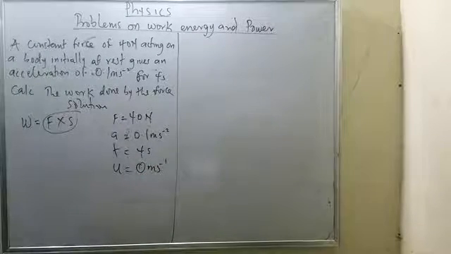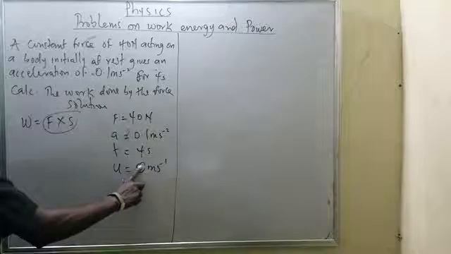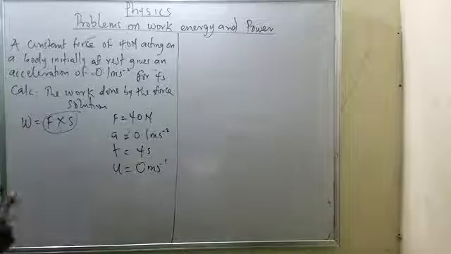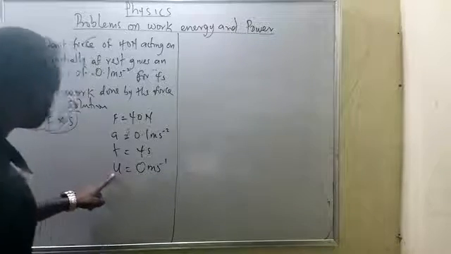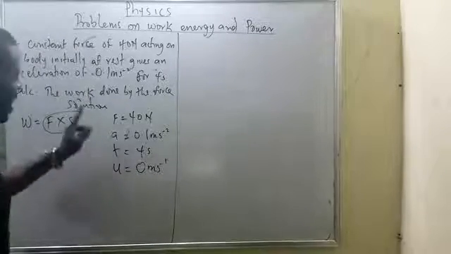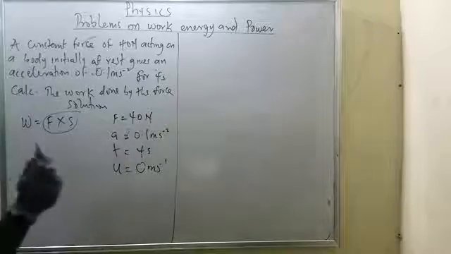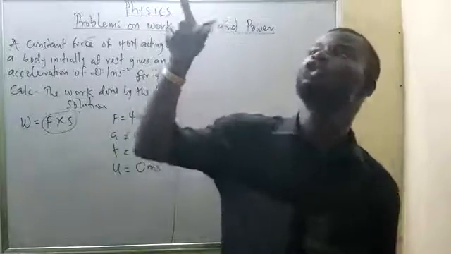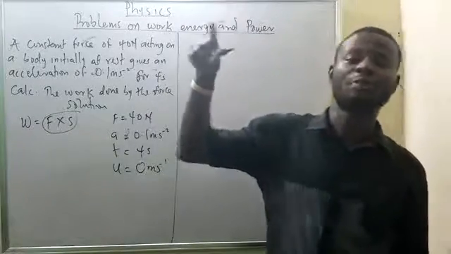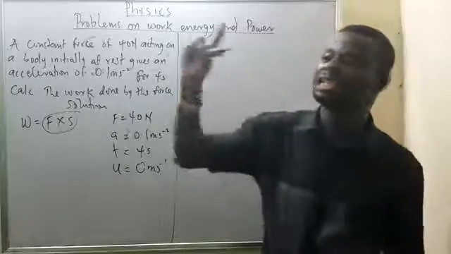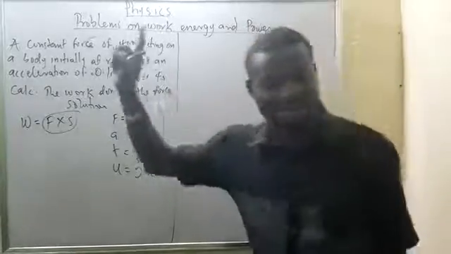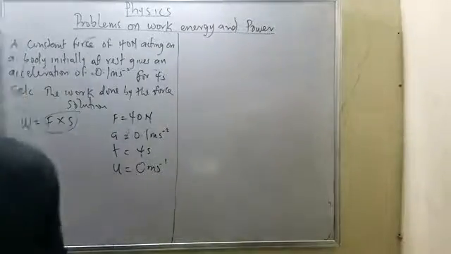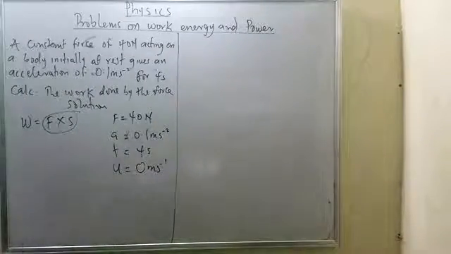With this, I have u, time and acceleration. Can equation 3 help me? No. Equation 3 cannot help me because we're talking about final and initial velocity, acceleration and distance, which will not help me. So equation 2 will be of help.